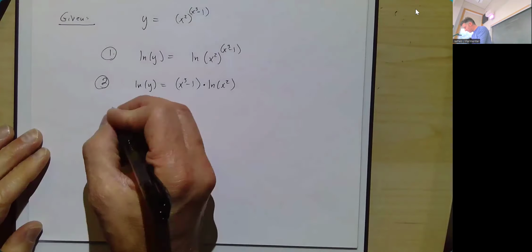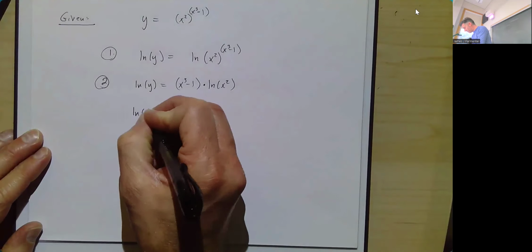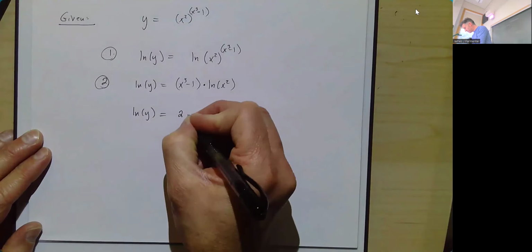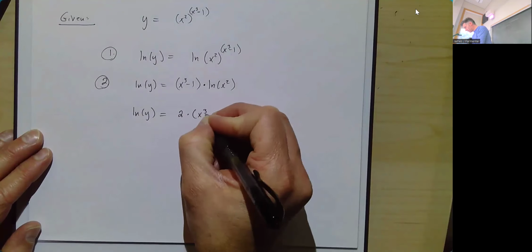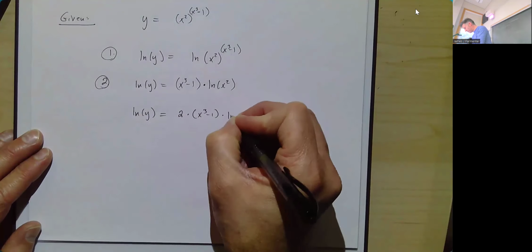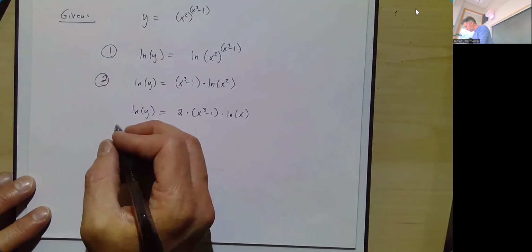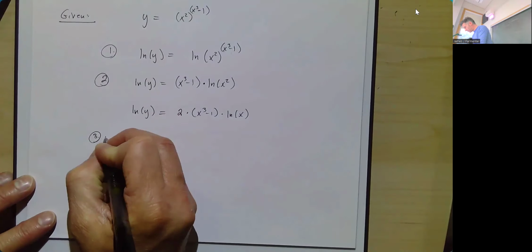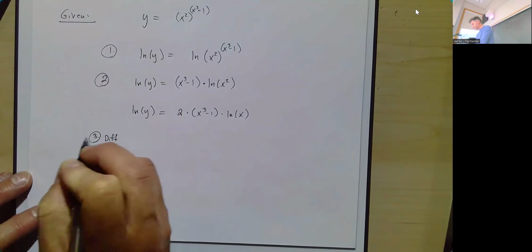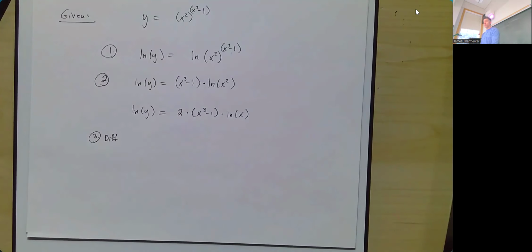So I can actually write this as the natural log of y equal to 2 times x cubed minus 1 times the natural log of just x. I put the 2 in front because of the order of multiplication. So now what I would like you all to do is differentiate both sides. And yes, on the right-hand side, you will have to use the product rule.